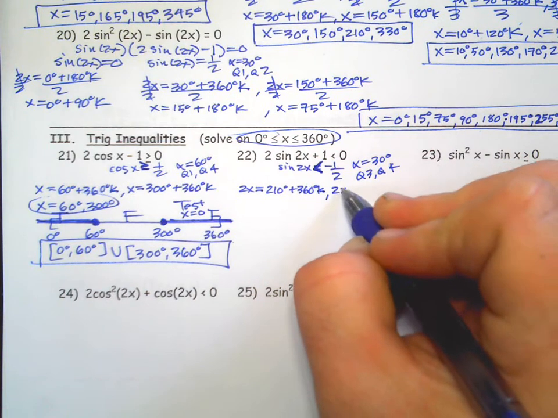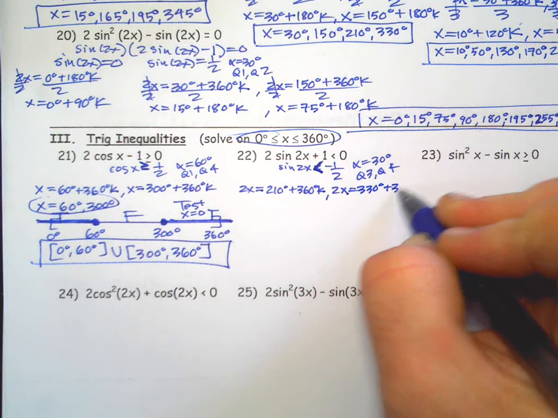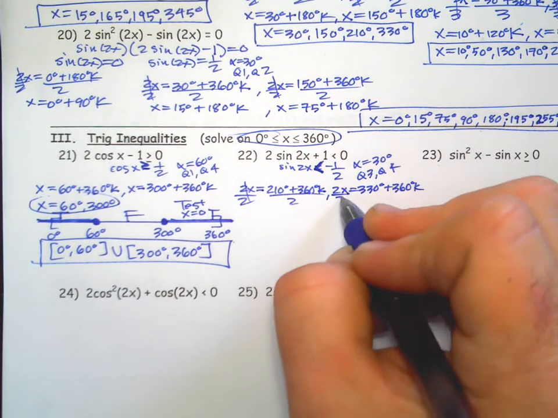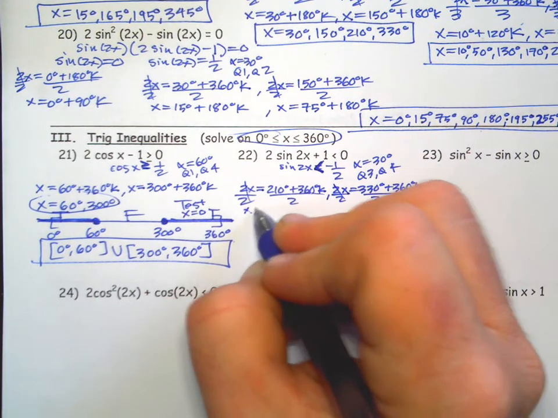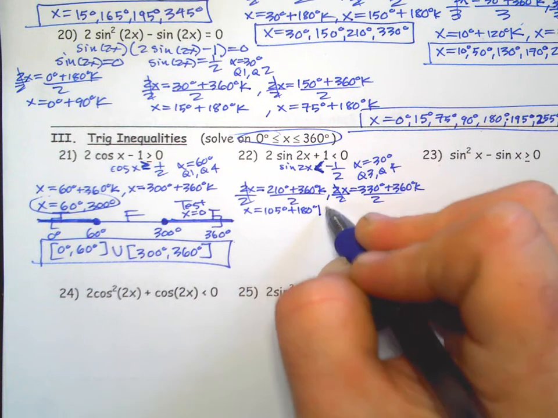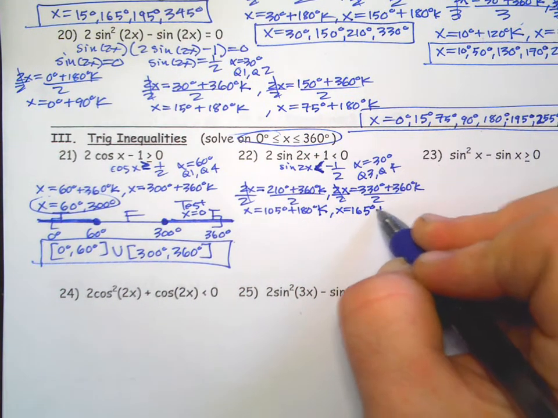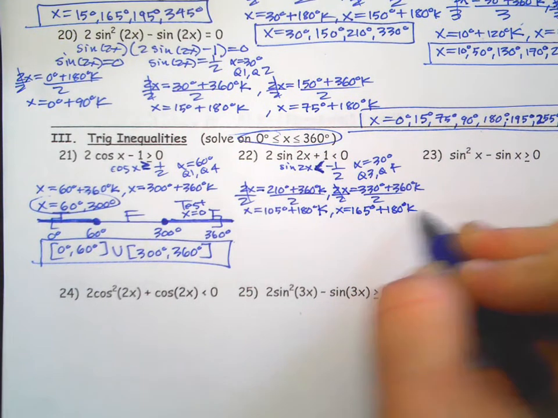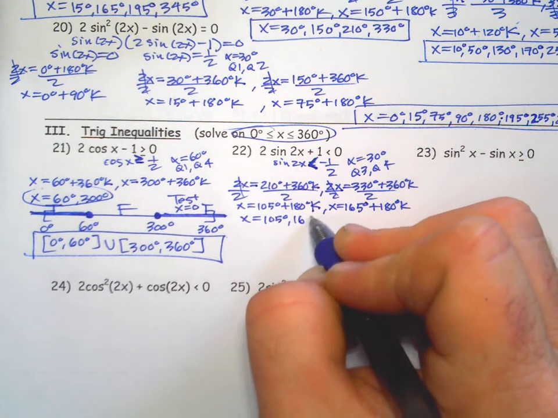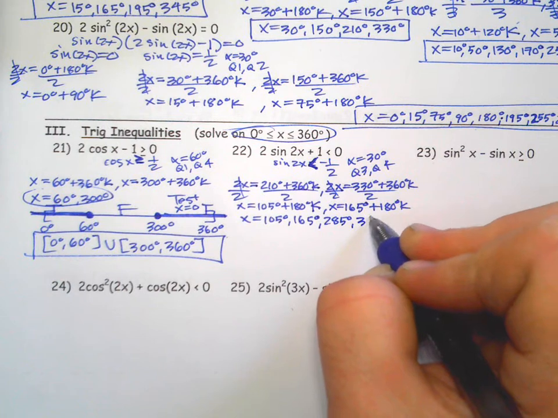Quadrant 4 is going to be 360 minus alpha, so 330 plus 360k. Divide by 2. X equals 105 plus 180k, and x equals 165 plus 180k. All the roots, zeros: 105, 165, 285, 345. Those are all your zeros.